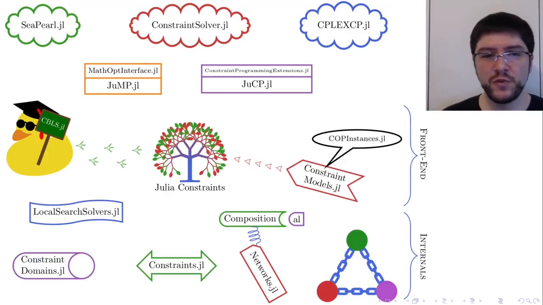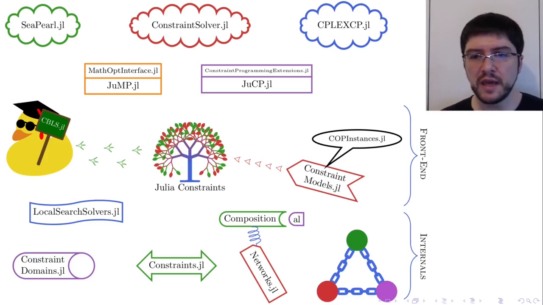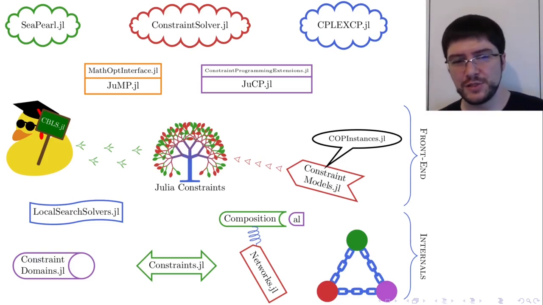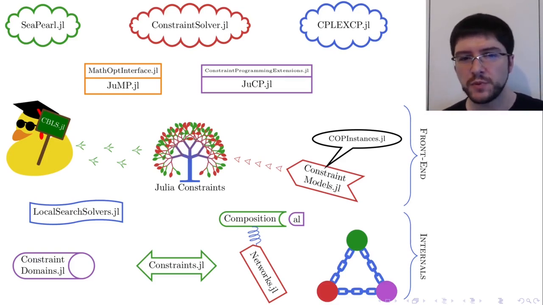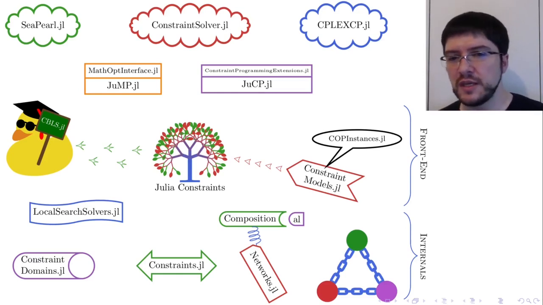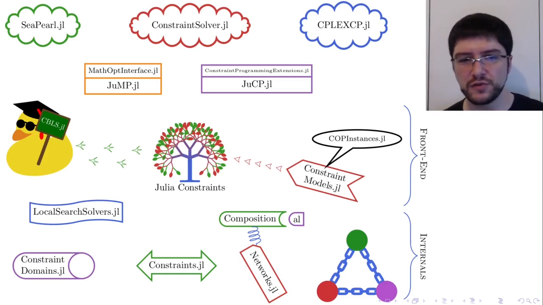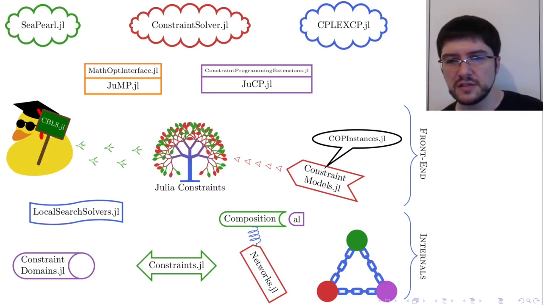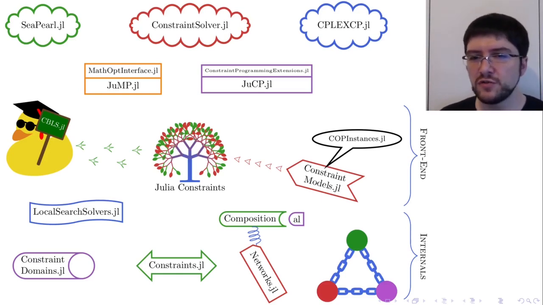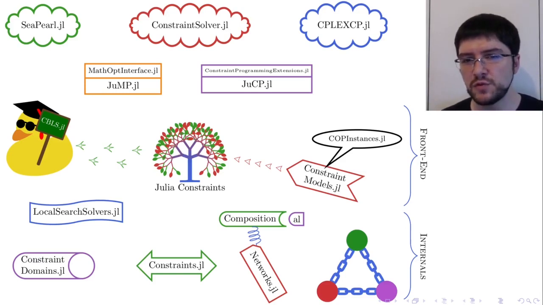Here is an overview of the constraint programming ecosystem currently available in Julia. At the top, the clouds are three constraint programming solvers that are totally independent of JuliaConstraints. Then the second line, the two tables, are two types of interface that can be used for optimization solvers, including CP and non-CP solvers.